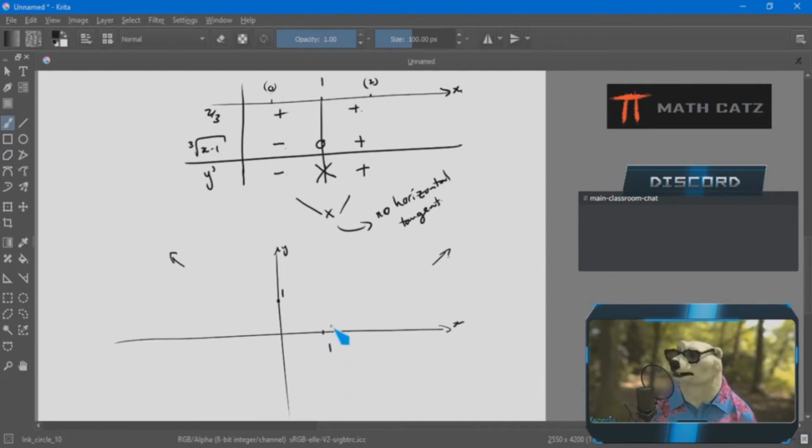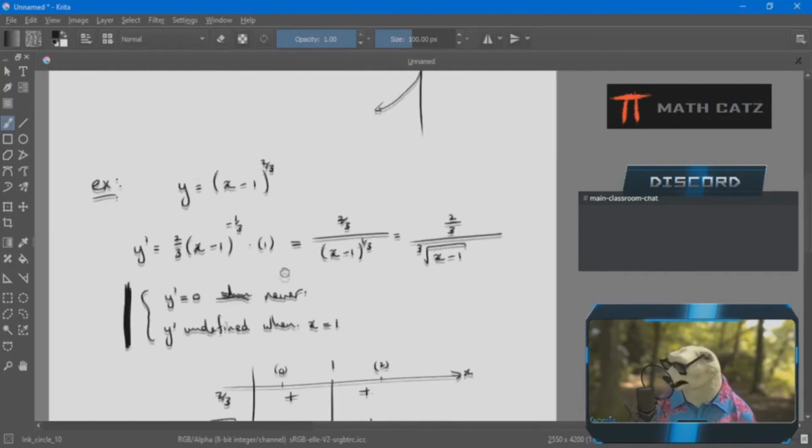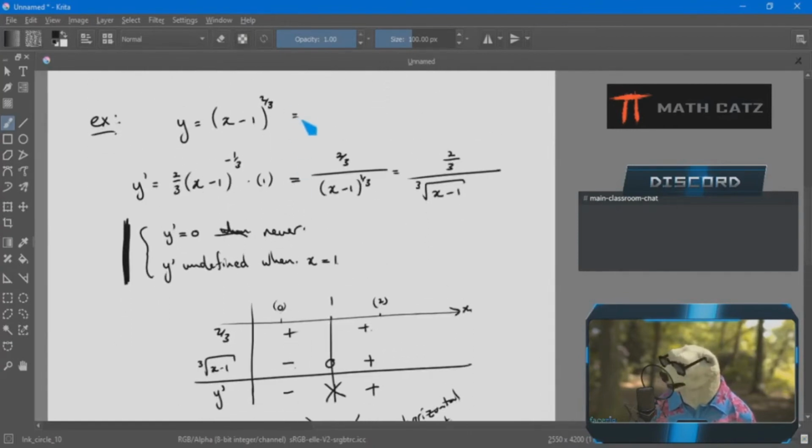The derivative is undefined. Yet, because I can see this as the cube root of x minus 1 squared, cube root is defined everywhere, this function is defined for all x values. So the function has no problem with any x values.